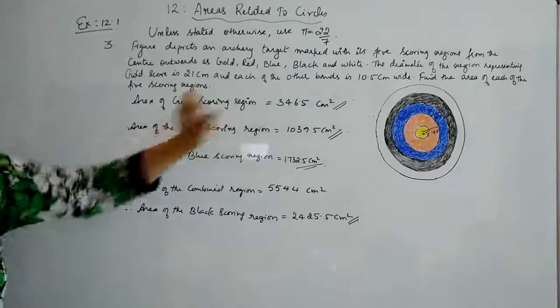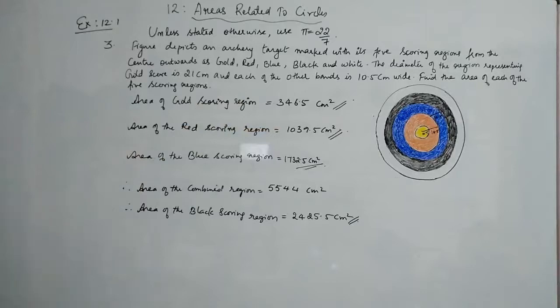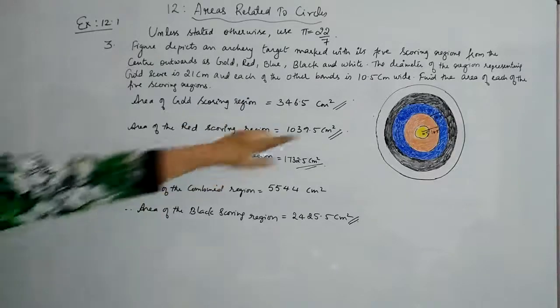Now in order to find out the area of only the white region, first we will find out the radius of the total region.